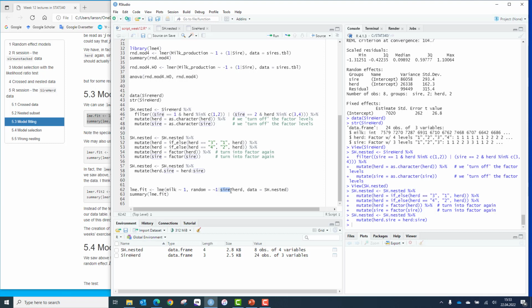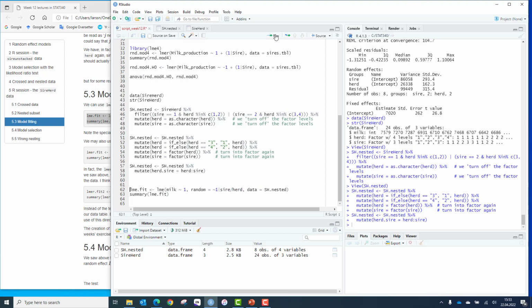That's what this partly says. Plus 1 more random effect, also on the intercept, of herd nested in sire. So actually this notation tells R there are 2 random effects: first the first one, then the second one nested in the first one.